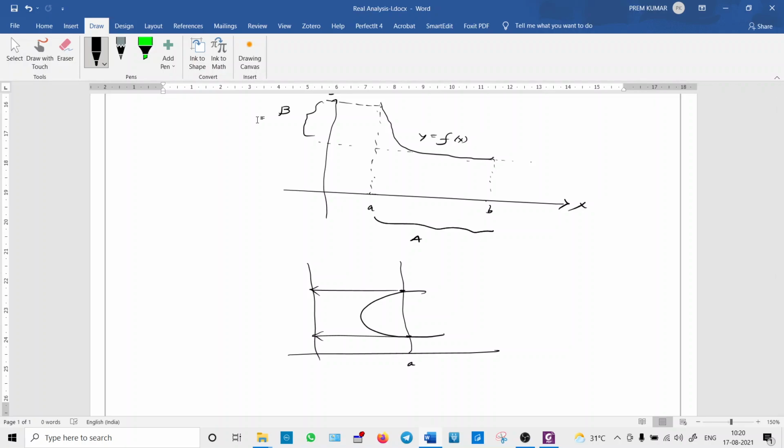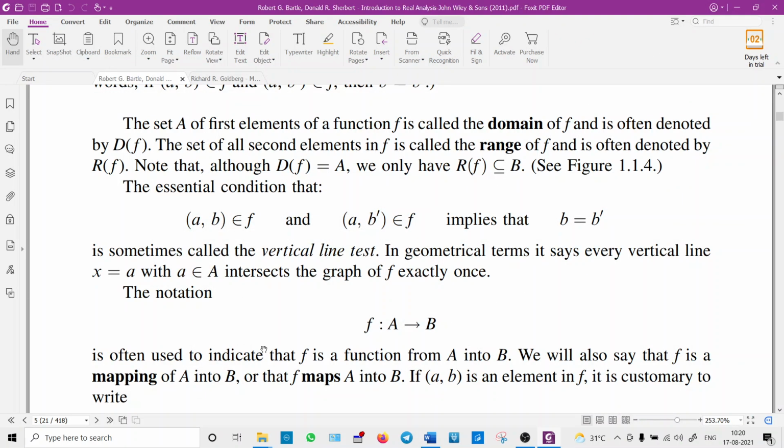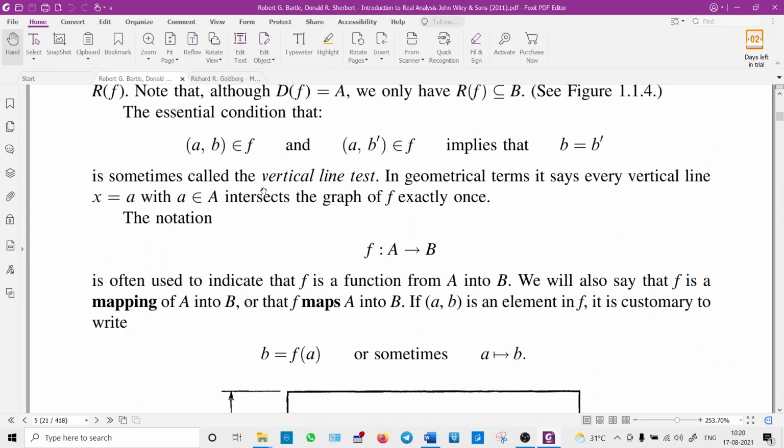Immediately you can visualize, and if a vertical line you draw is intersecting at more than one point, then it is not a function. That is helpful if it is maximum a 2-dimensional figure. The vertical line test is for R square.